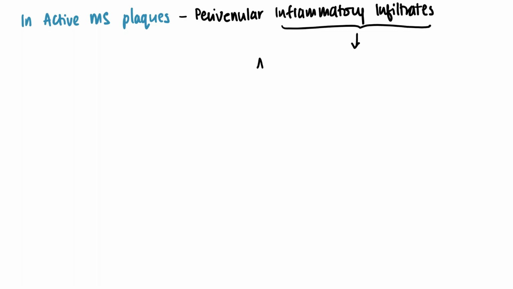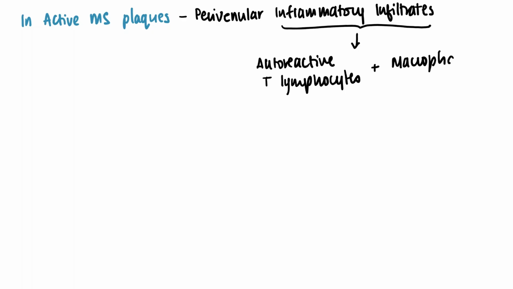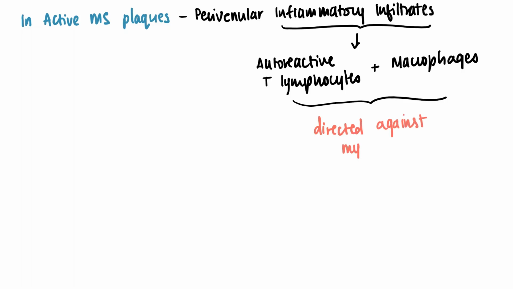They contain autoreactive T lymphocytes as well as macrophages. These are directed against myelin. So, this will lead to inflammation and demyelination.